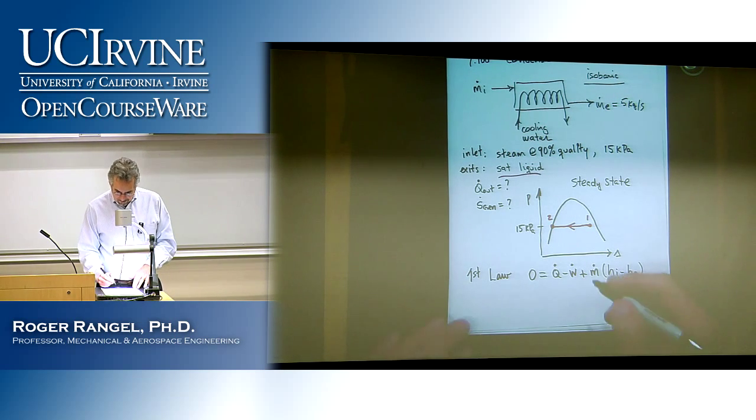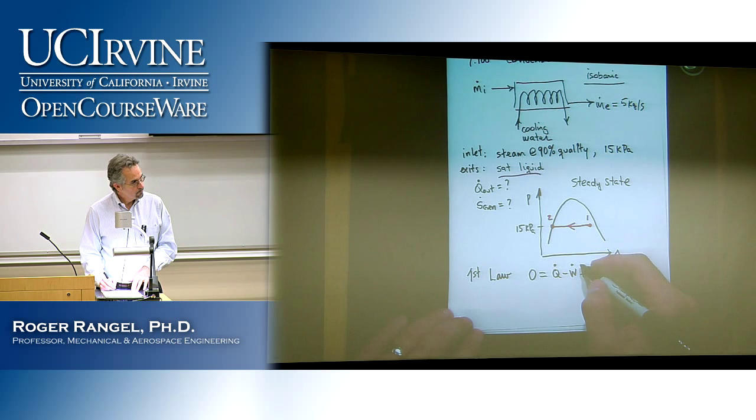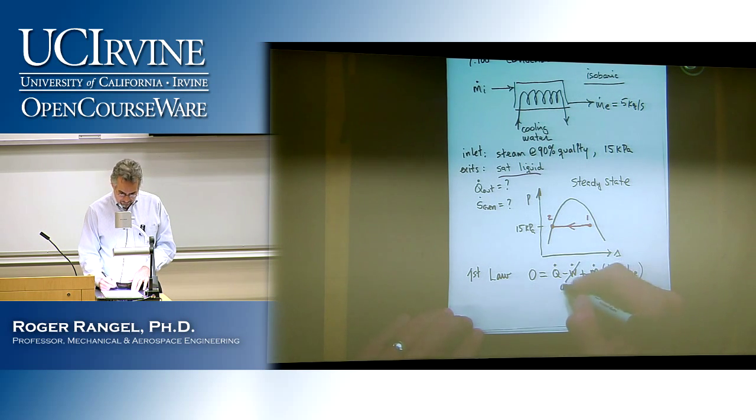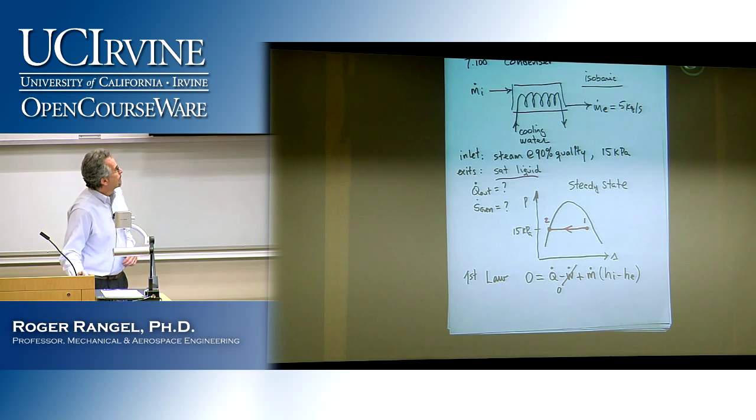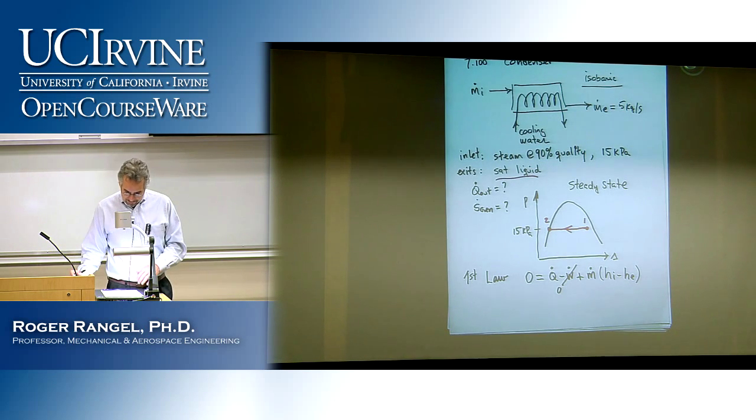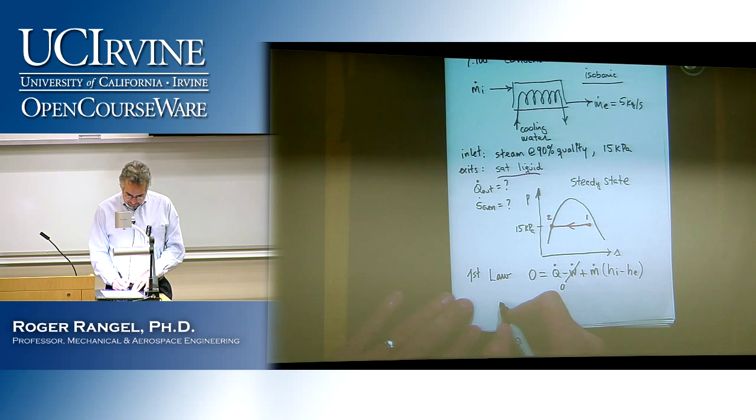The work, or the power, the rate of work is 0. This is a condenser. And here what I have is an equation that immediately tells me what Q dot is: M dot, and then if I move it to the other side, He minus Hi.